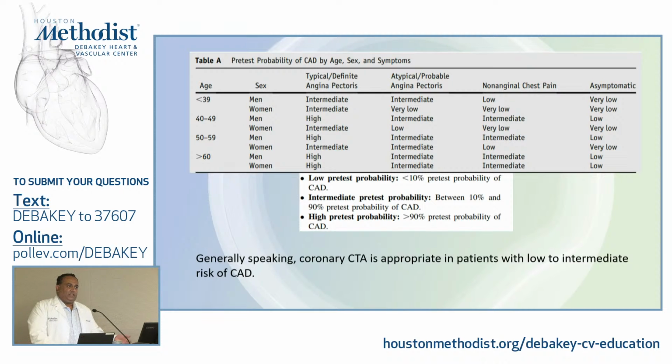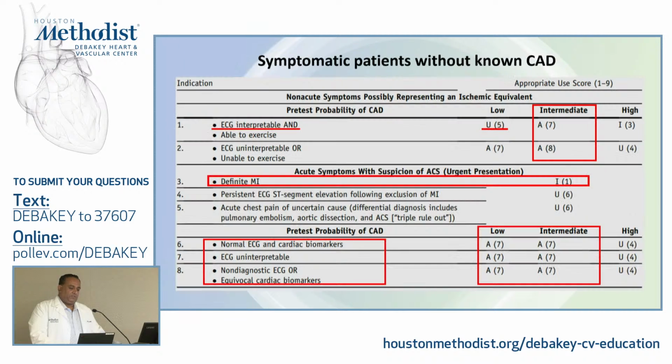And as you know, generally speaking, coronary CT is appropriate in patients with low to intermediate risk of coronary artery disease, not for high-risk patients or patients having ACS. These are busy tables, but I want you to focus on just the areas highlighted in red.